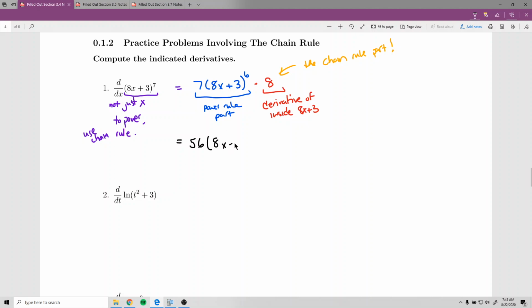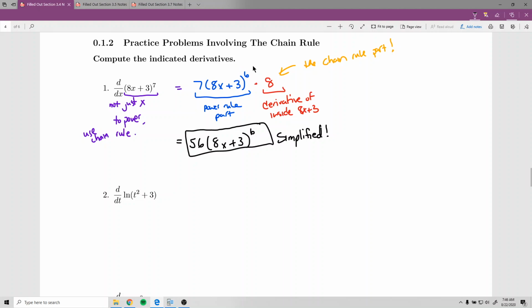And the inside we wouldn't want to mess with because it's being raised to this big 6 power. We don't want to try to deal with that. Okay. But that's it for just the chain rule when you're dealing with powers. Keep in mind that anything can be inside. So if I had 8x squared, then what would be out here would be the derivative of that 8x squared.